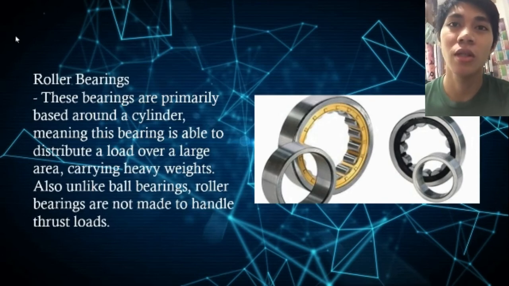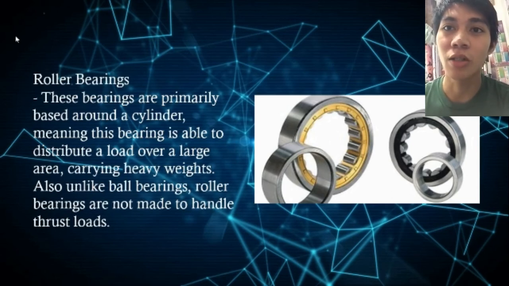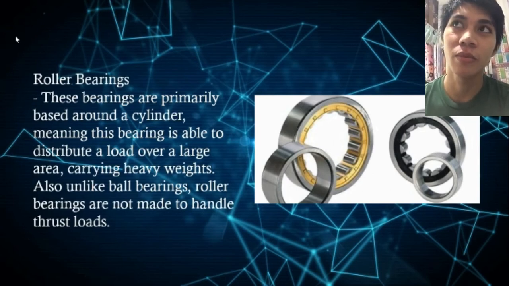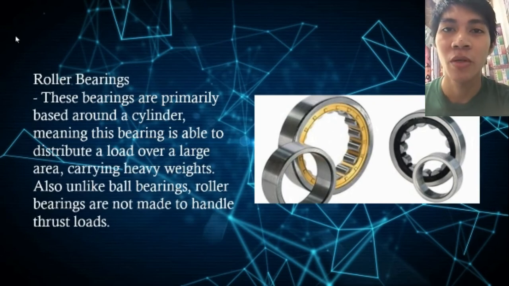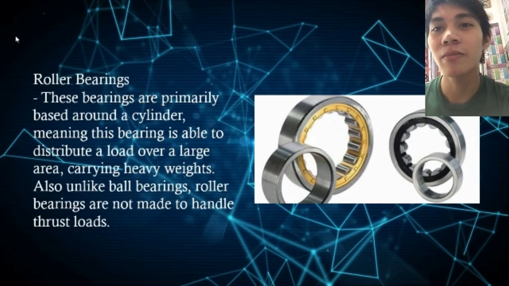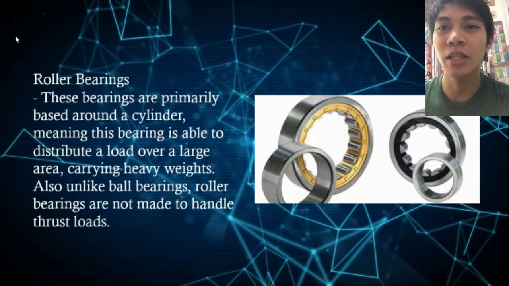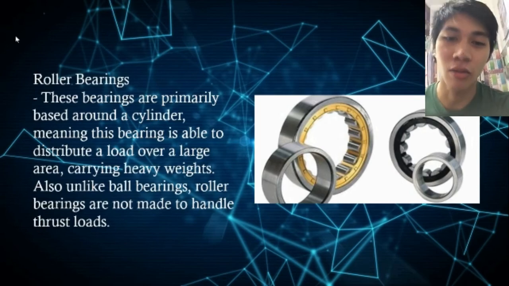We can't use ball bearings for heavy loads because of too much pressure. It will deform the ball bearings themselves. While some roller bearings are not made to handle thrust loads.